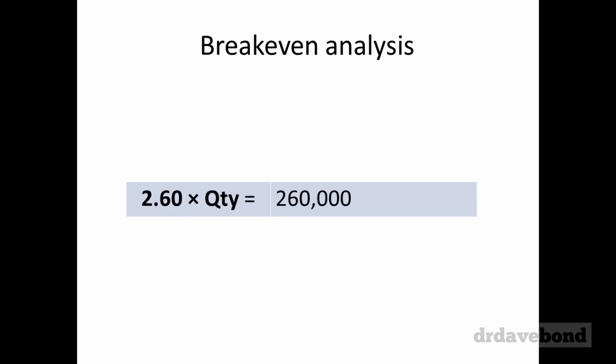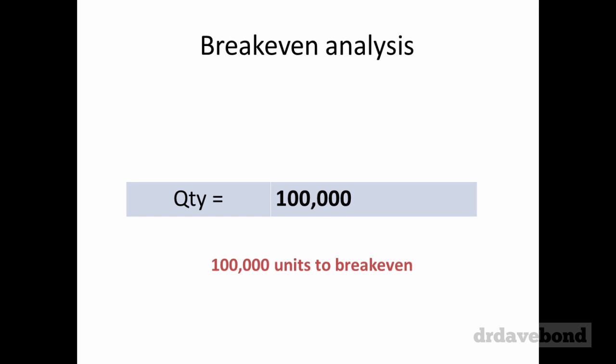Swap sides, divide by $2.60, and that is your classic break-even equation, which is break-even quantity equals your total fixed costs divided by your contribution margin, which in this case is 100,000. So 100,000 units need to be sold to break even.